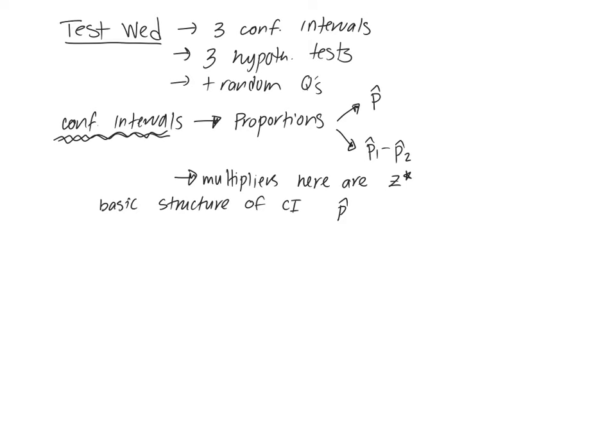You had P hat plus or minus Z star standard error of P hat, or P1 hat minus P2 hat plus or minus Z star standard error. Does that make sense?